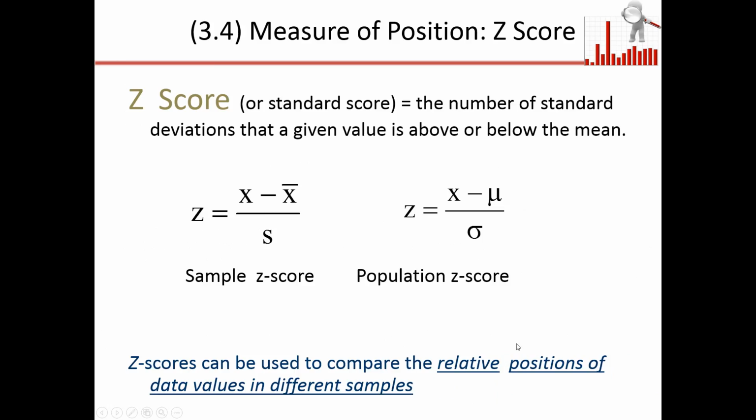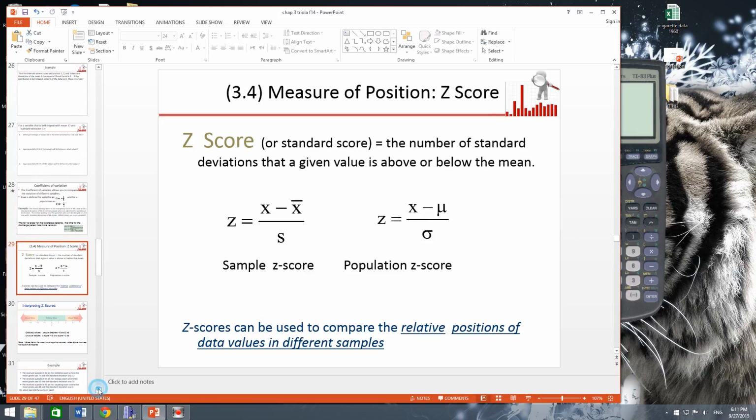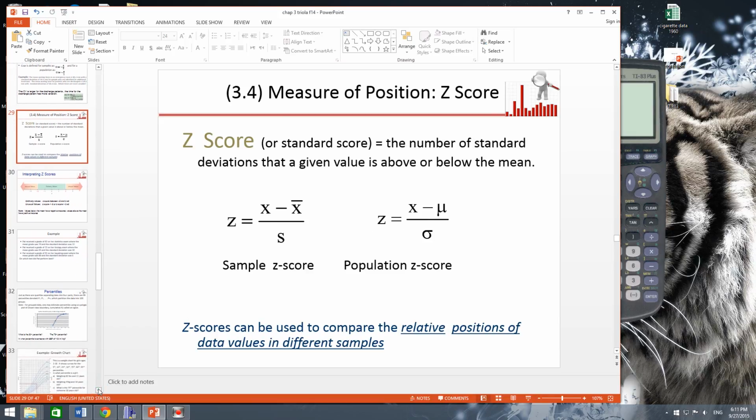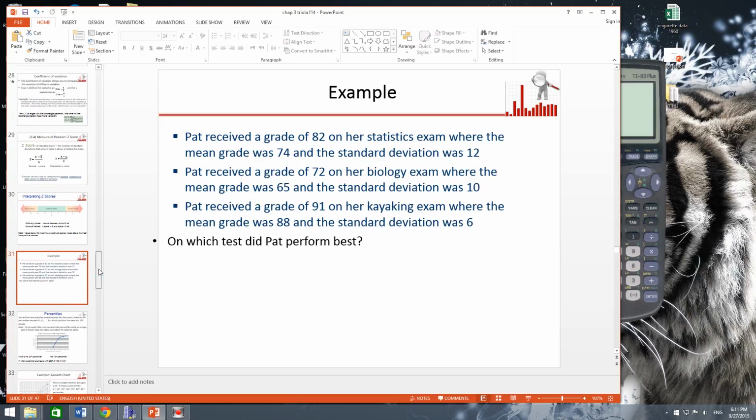Okay, so now we're ready to talk about the z-score. I also put a video for you to look at for z-score. They do a perfectly good job of explaining and discussing z-score. So I'd like you to take a look at that video, and after you've looked at it, we will look at this example when we meet again on Thursday.